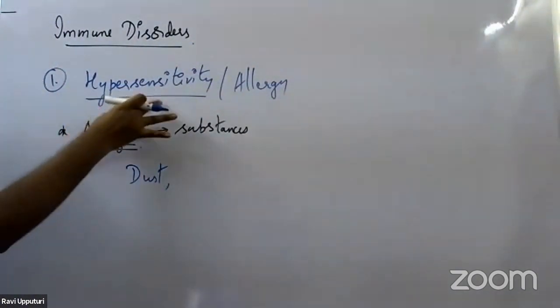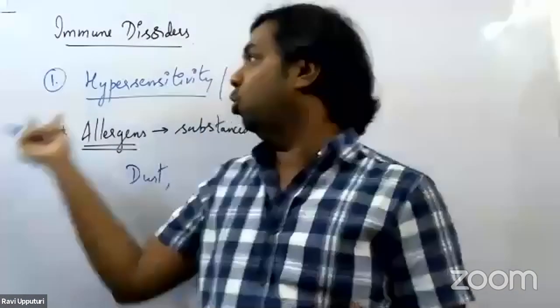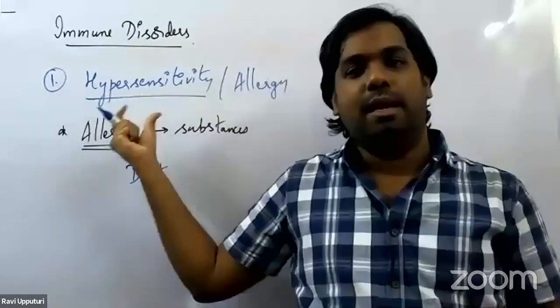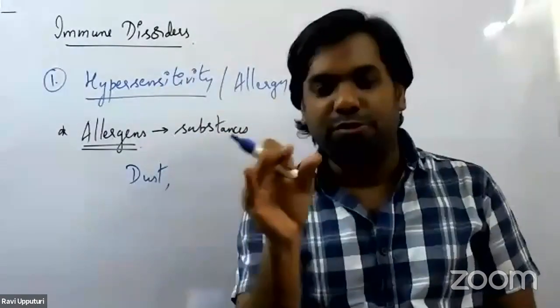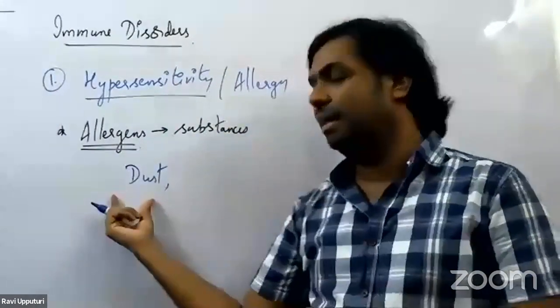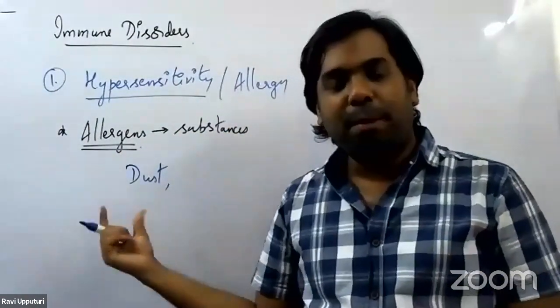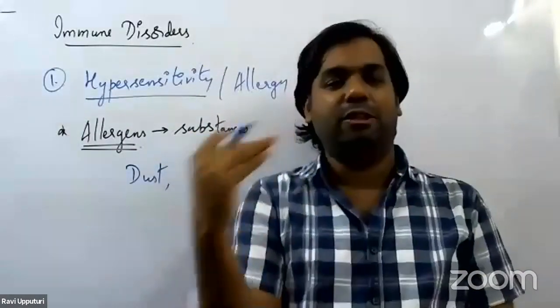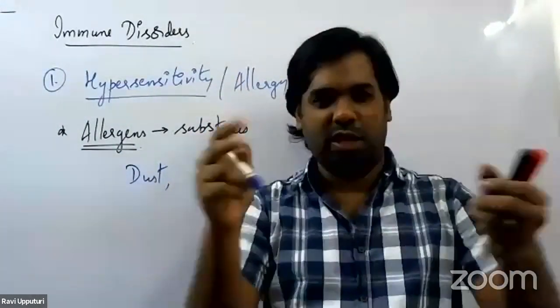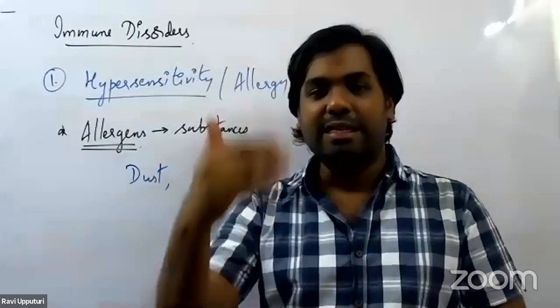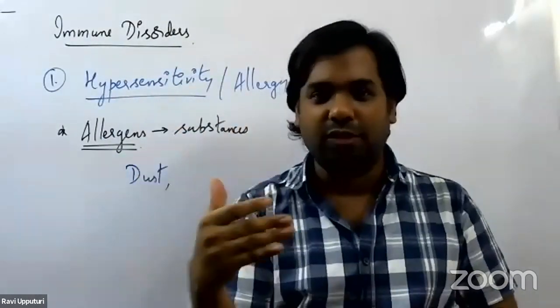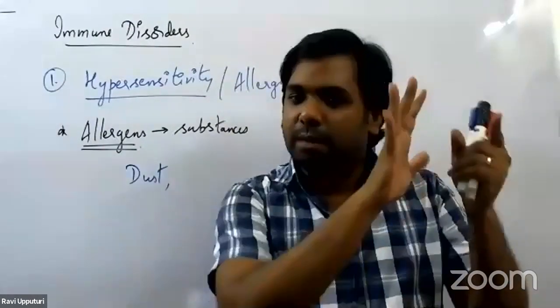Getting back to this term hypersensitivity. Hyper means, I told you, more. Sensitivity means some people are more sensitive to a few things than others. Let us take this example only, dust. Some people are very highly allergic to dust. Say two people are walking on the same road where there is too much dust. One of them starts sneezing whenever they come across that dust, whereas the next person remains absolutely normal.